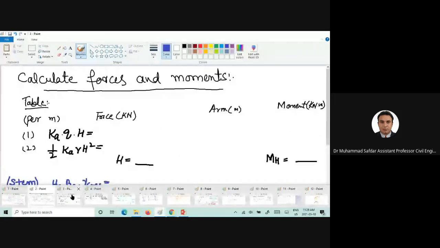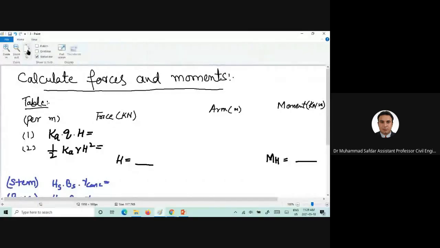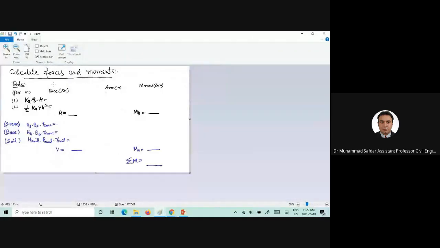Okay, now I need your help here. We need to build a table here to calculate forces and moments. In order to find out the horizontal forces, and then we will find out the lever arm, and then we will find out the moments.